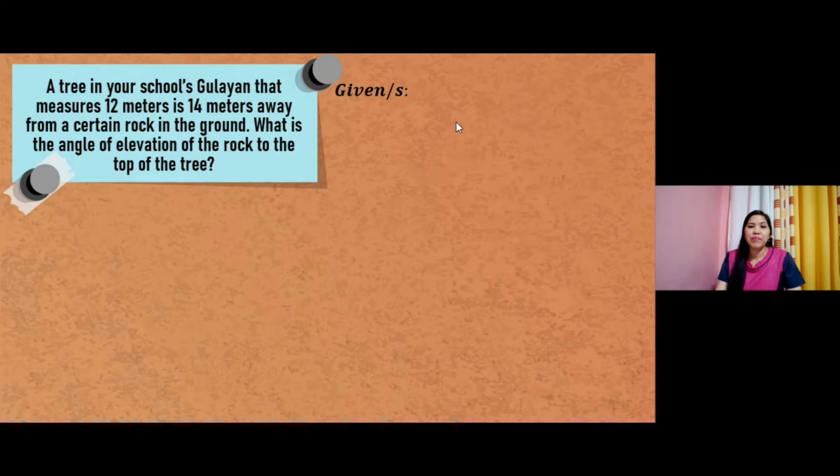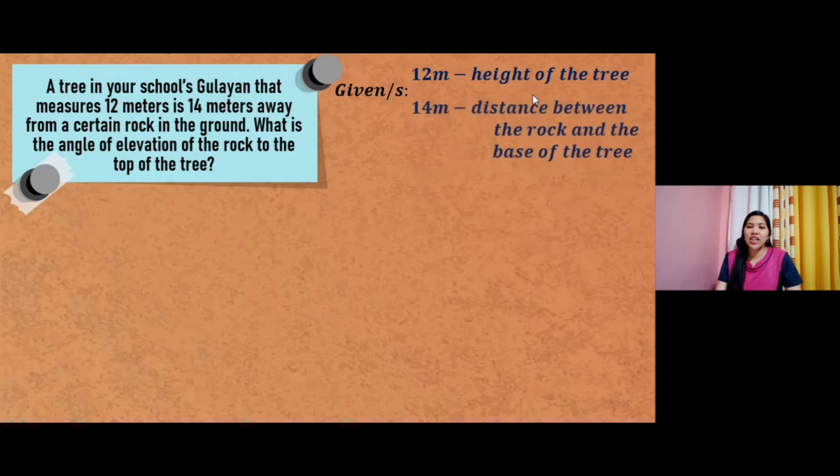So you have here, the first one is you have 12 meters. And accordingly, that is your height of the tree. Next, we have also 14 m, and that is the distance between the rock and the base of the tree.